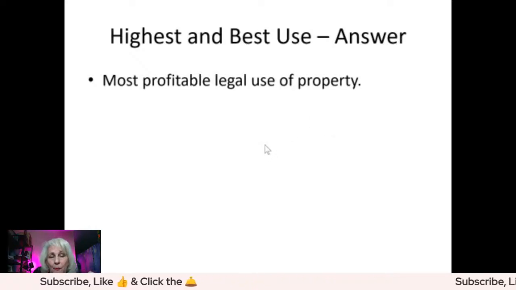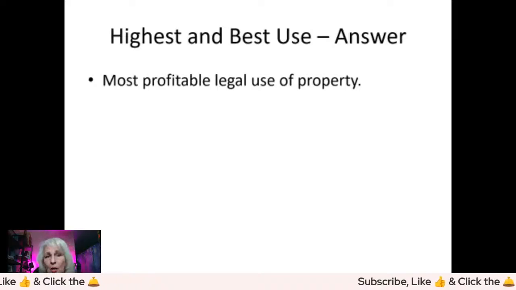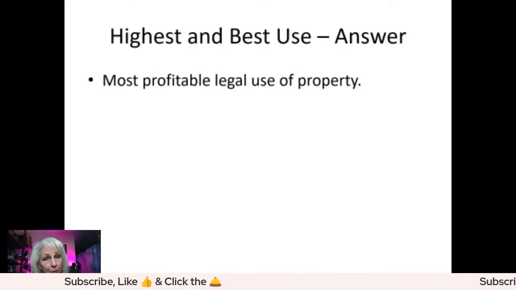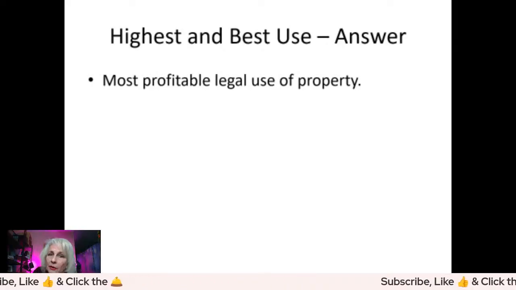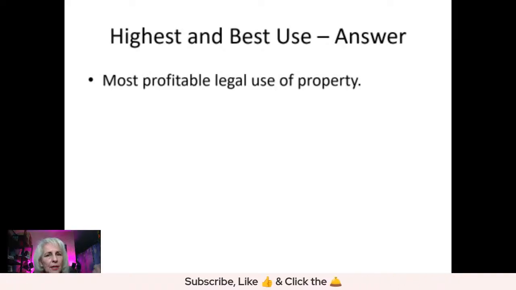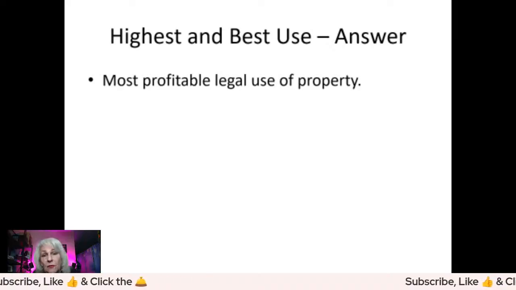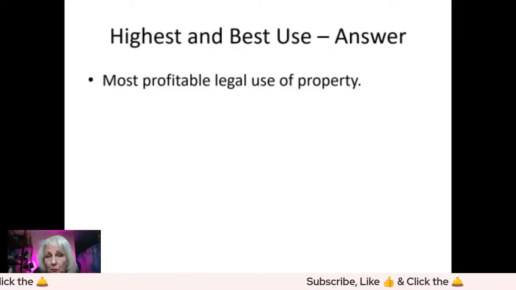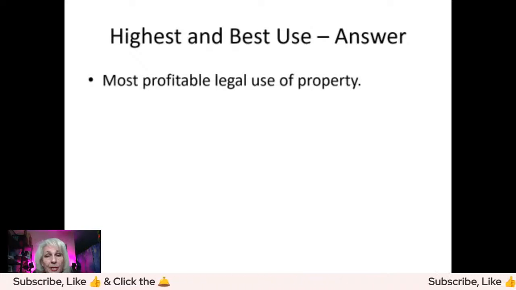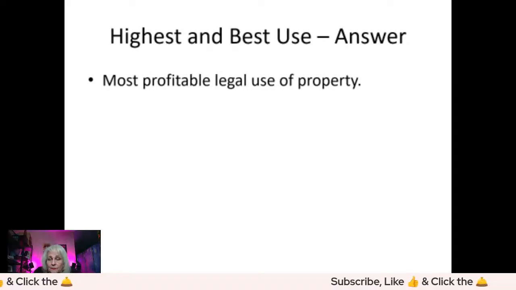So a commercial property along the expressway will have more value. The highest and best use of that property is to sell it as commercial, right? Because it's right in front of the expressway, not to sell it for residential. If somebody tries to sell it for residential, it's going to have a much lower value because the surrounding properties are commercial and it's in front of an expressway. So the highest use of that property is to sell it as commercial.